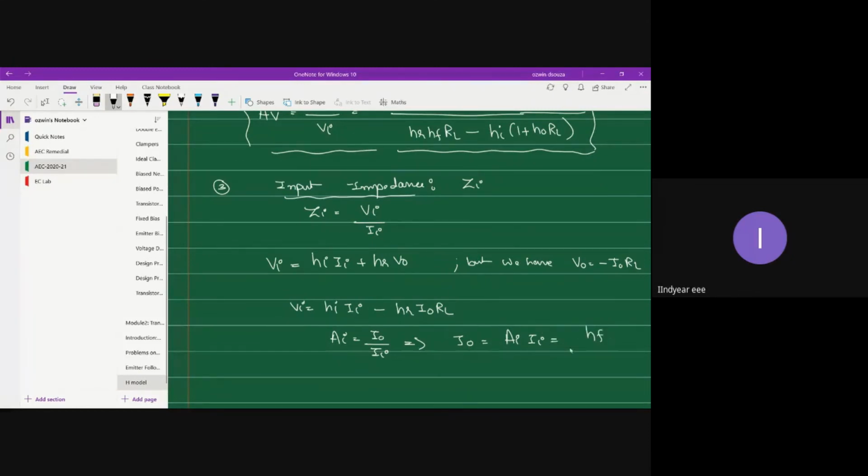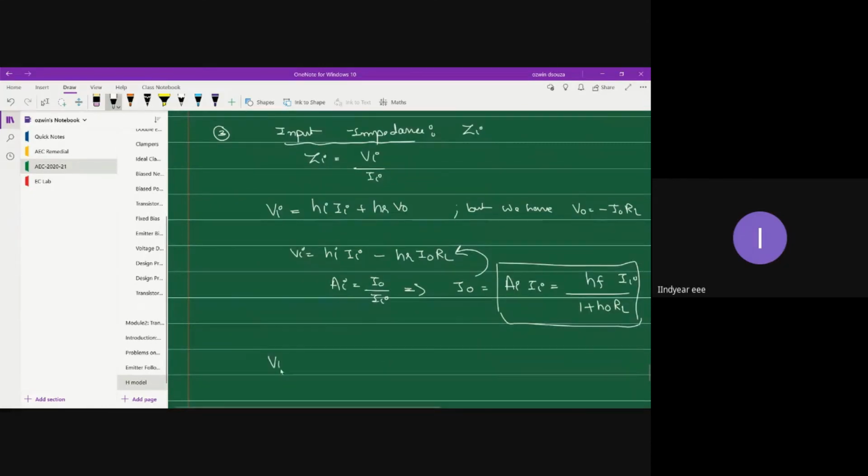Ai is Hf divided by 1 plus Ho into RL, as we have done in the previous step. So Ai times Ii is nothing but Hf into Ii divided by 1 plus Ho into RL. So let's substitute this I naught in this expression.